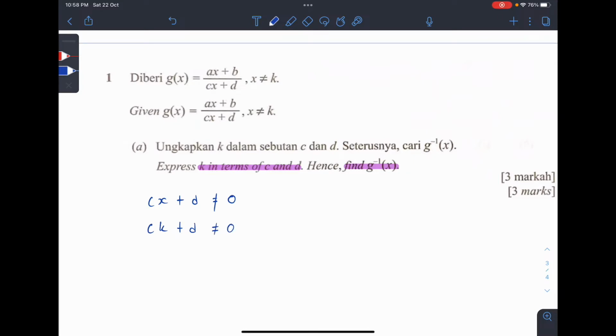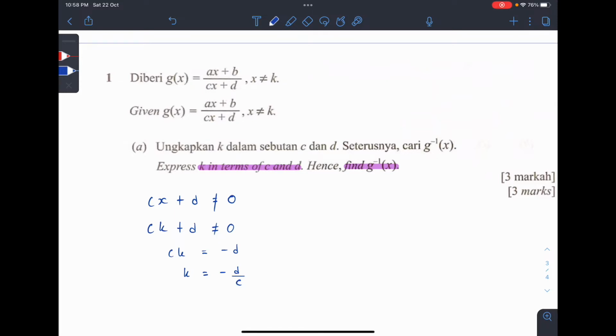We are going to try to make the k alone. The first thing I would do here is move the d to the other side, so ck equals negative d, k equals negative d over c.